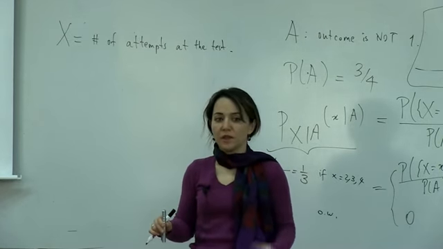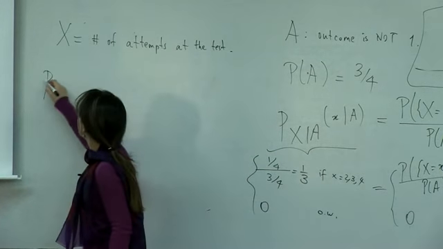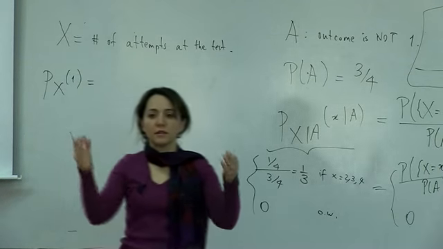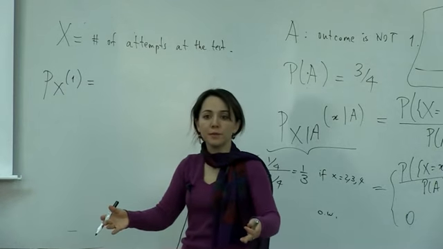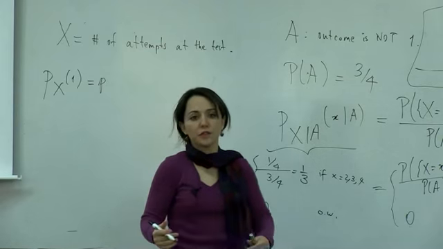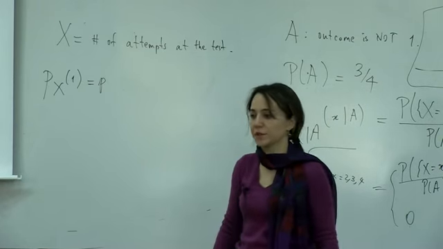When is it 1? What is the probability that X is 1? He passes at his first trial. That happens with probability P. He passes his first attempt and he takes his license and stops.